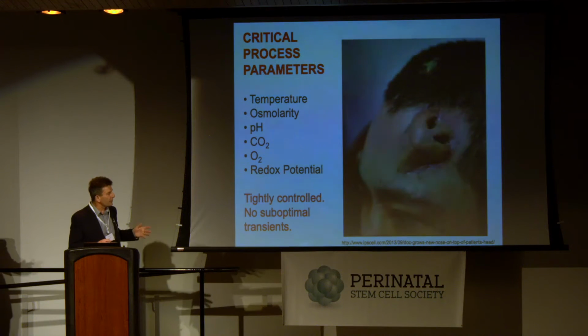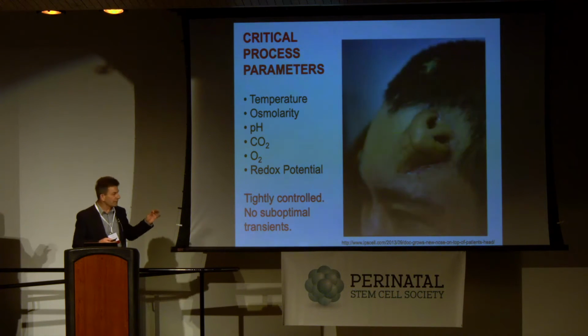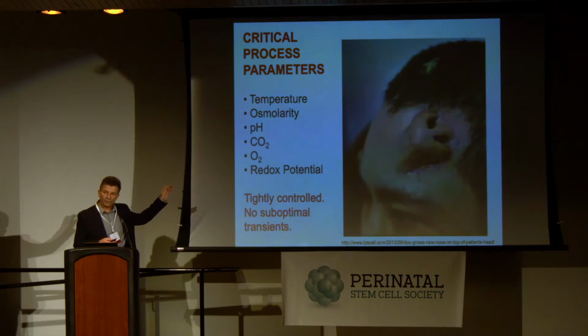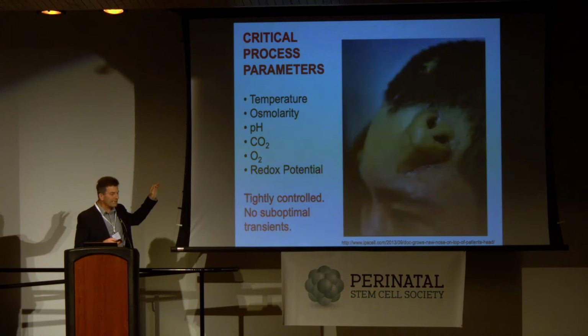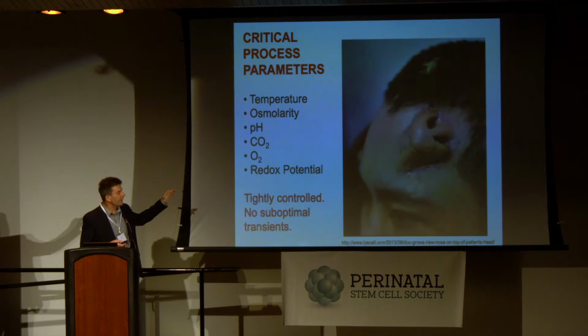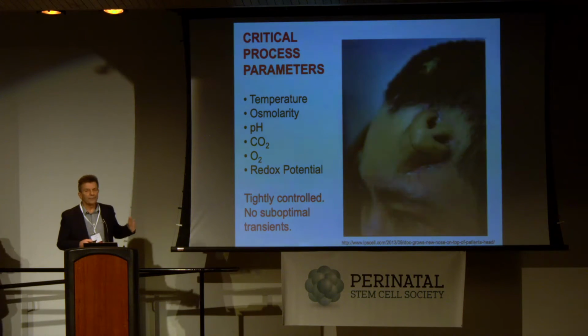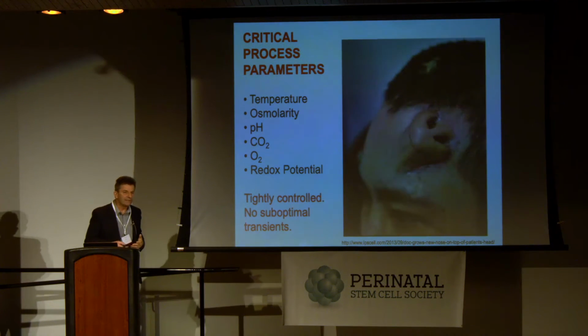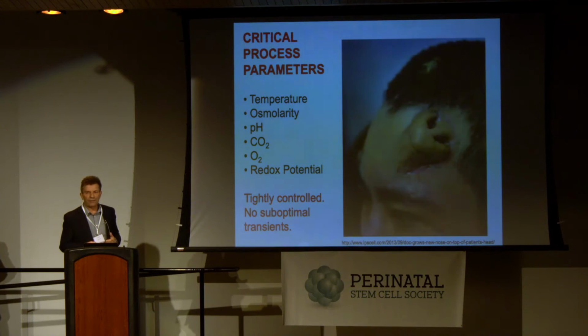It has an incredible ability to hold these critical process parameters very tight over long periods of time. And if we could only do so well when we take them out of the body, I think we'd be a lot further along than we are now.